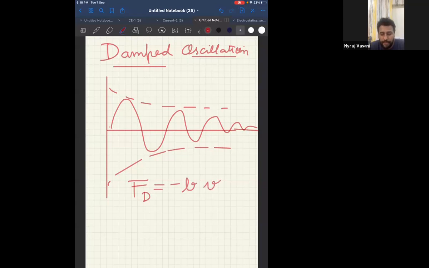First write down the side heading damped oscillation and draw this graph, the graph whose amplitude is decreasing continuously. That graph is called damped oscillation. And the damped force is equal to minus bv.